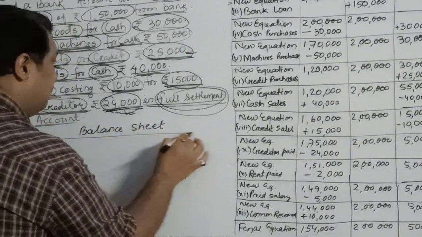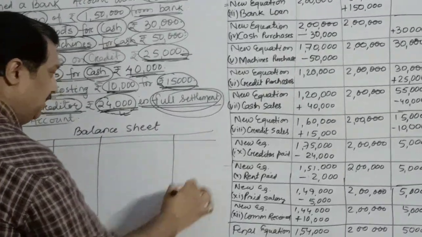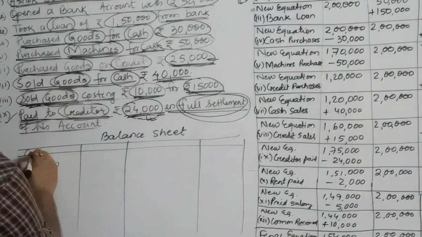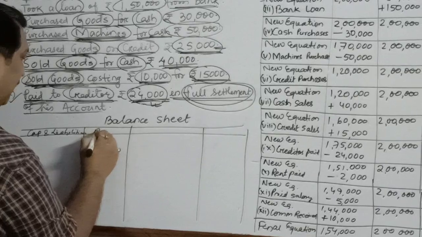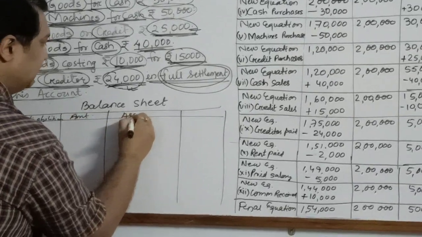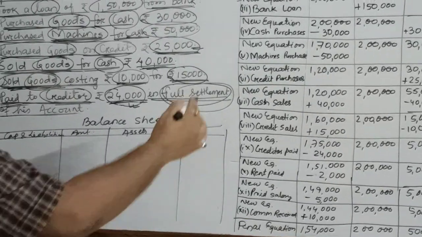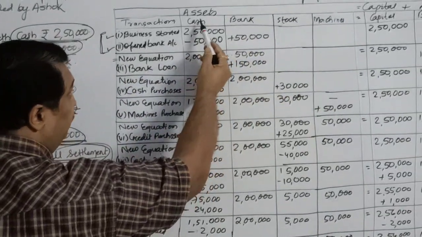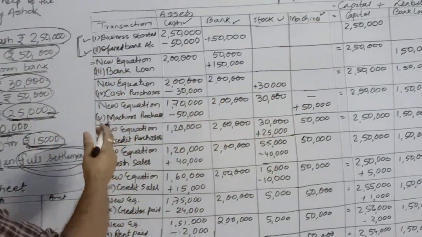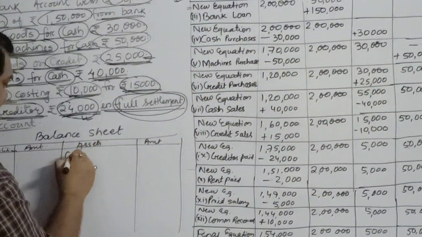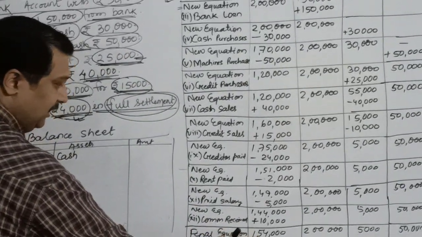Remember, the format of the balance sheet is on the left hand side we show the liabilities, capital and liabilities, amount over here, and on the right hand side we show the assets and amount. Now if you check, these are your assets. Which are your assets? These four: cash, bank, stock and machines. So write them under the head assets, cash, and please write the last final equation.